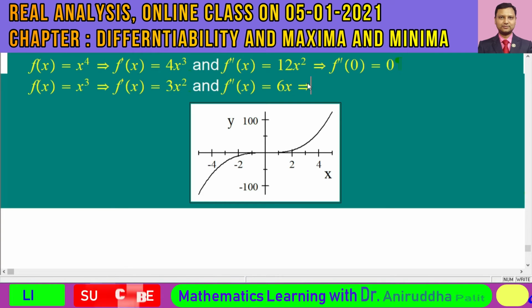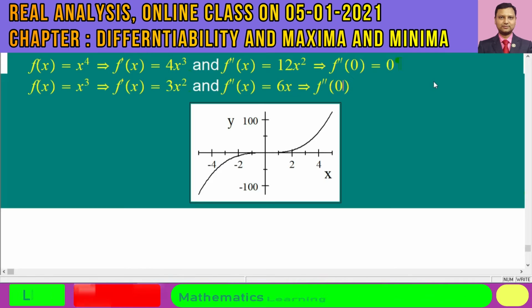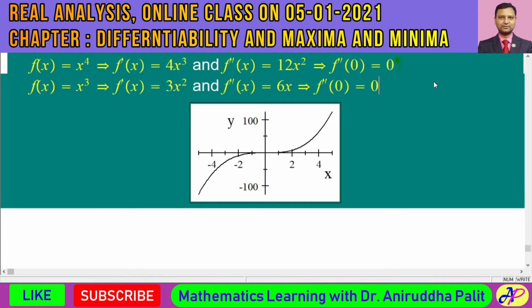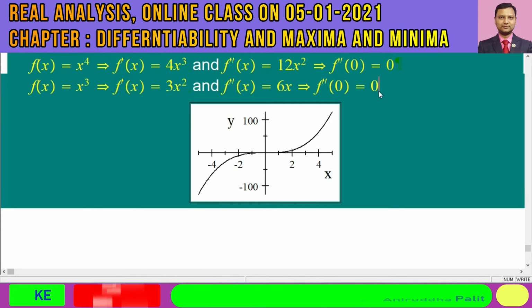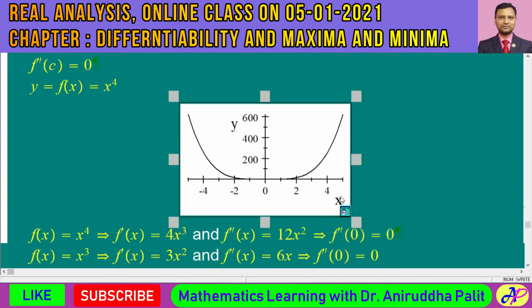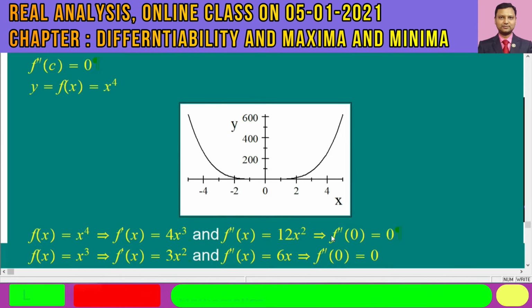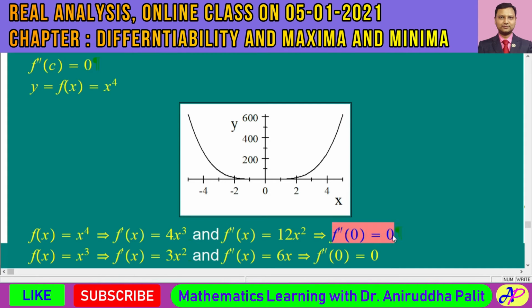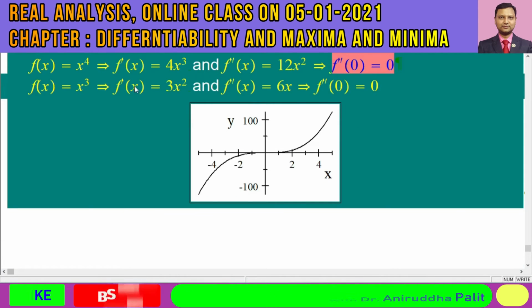But in both of these two cases, f double dash at the point 0 becomes equal to 0. So over here I am considering two examples. One is the example for x to the power of 4, and this is the graph of the function x to the power of 4, and for this function the double derivative becomes equal to 0.